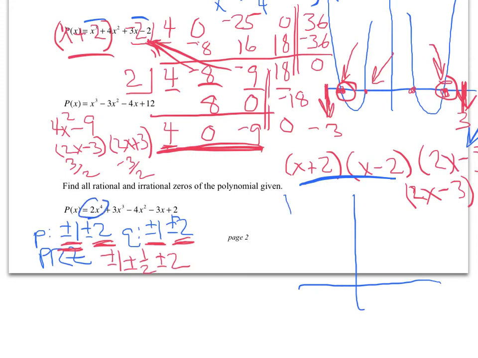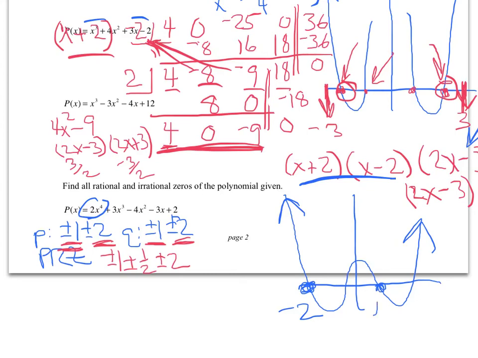So we know that it's going to come up, and then it comes through here, and it goes up, and then it comes back down, and then again it goes up forever because it's got the end behavior of x to the 4th power. Now I can see on my graph that this zero is negative 2, and this zero over here is 1.